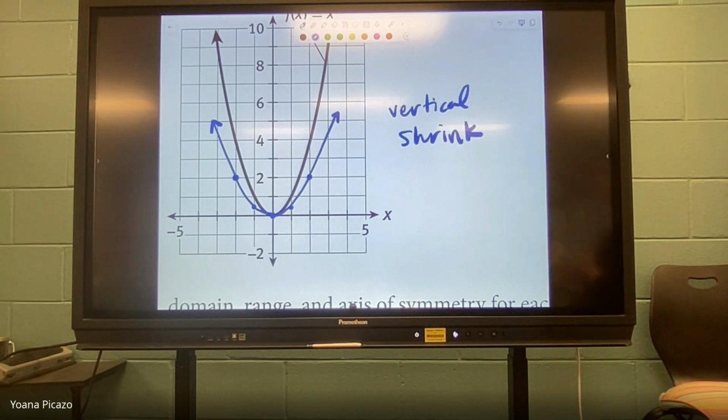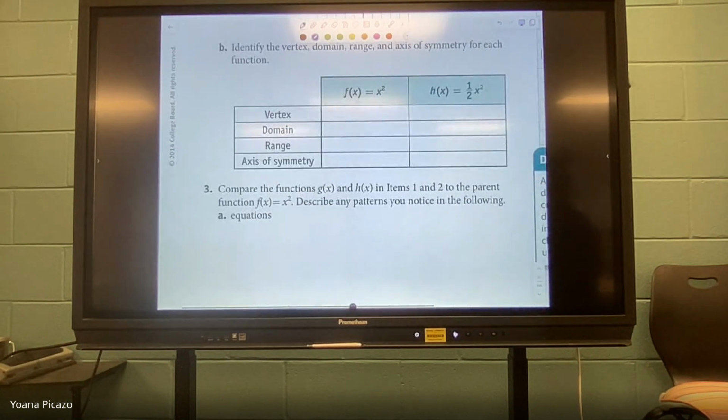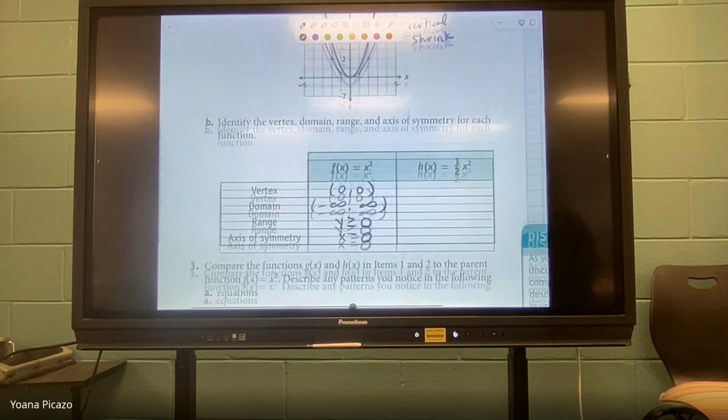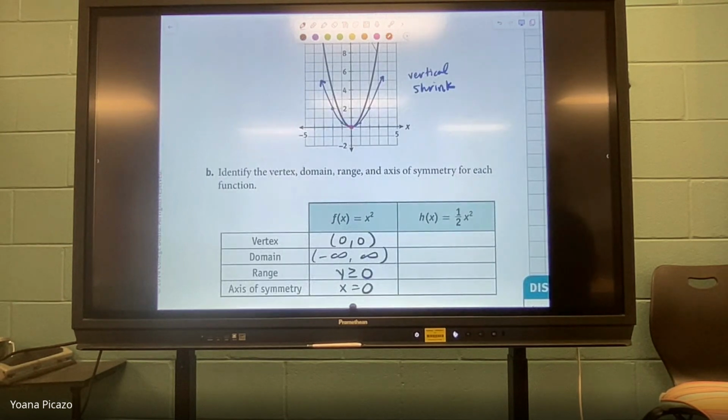Okay, a vertical shrink. All right, let's go ahead and look right here. It says identify the vertex, domain, and range. We already know these values. 0, 0, -infinity to +infinity. We know y greater than or equal to 0 and x equals 0. That's all the same from the previous one. I'm going to mark my vertex, and I'm also going to mark my axis of symmetry.